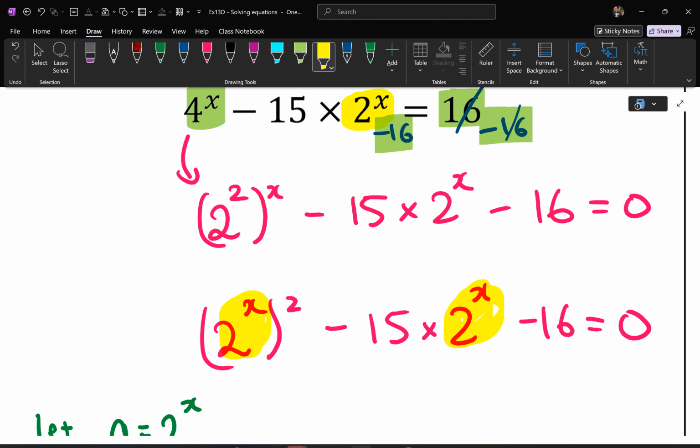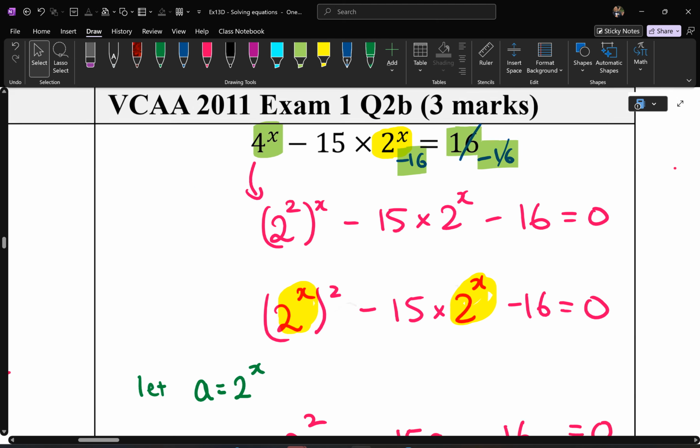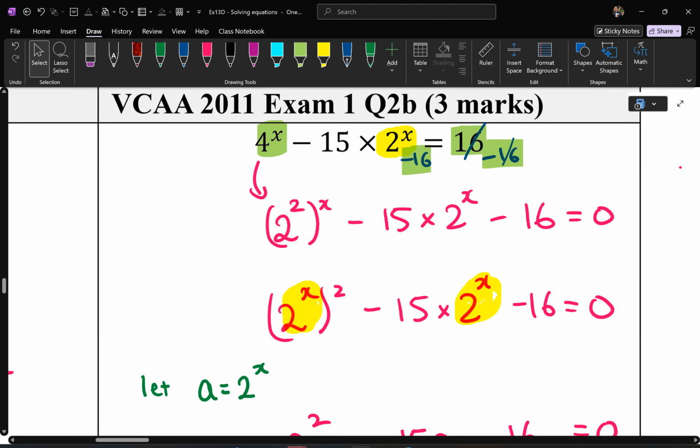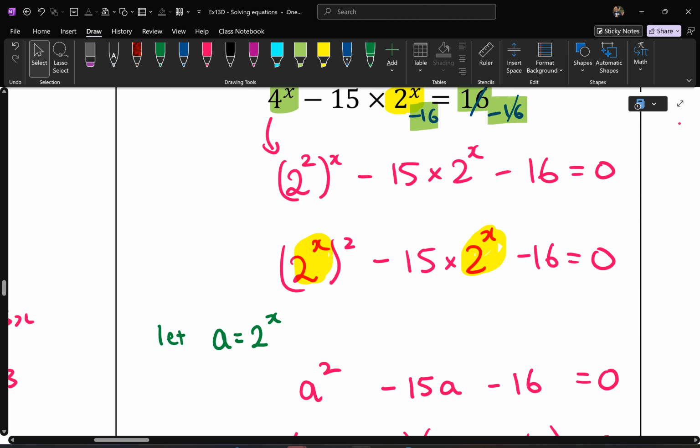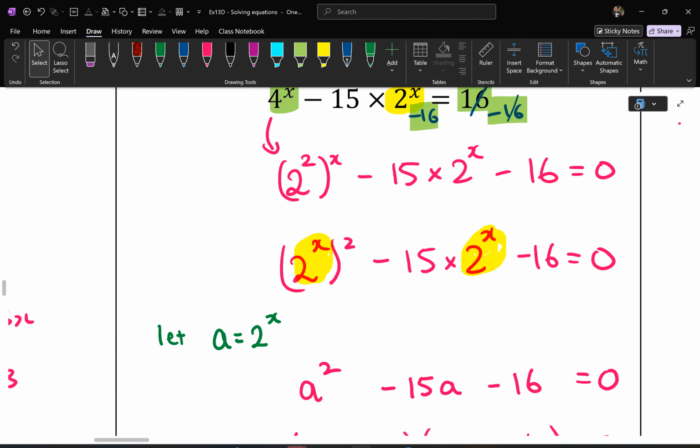If you still can't see at this point that it's quadratic, it might help by saying let a equal 2 to the x. If you let it equal a variable, it's easier to see. So I just replaced that with an a, so it becomes a squared minus 15a minus 16 equals 0.